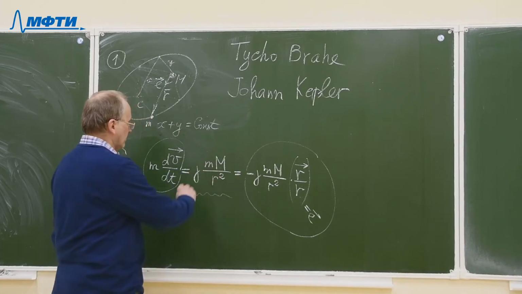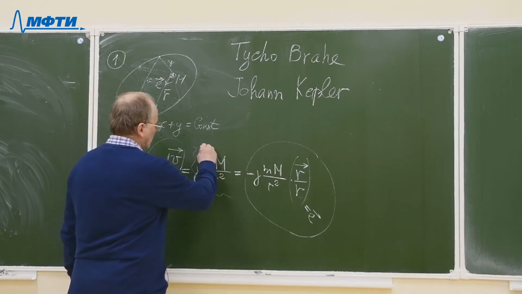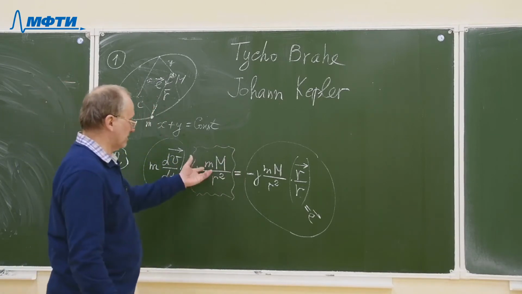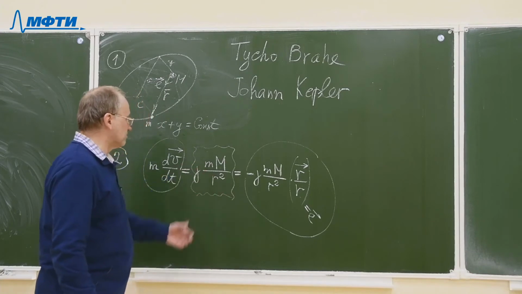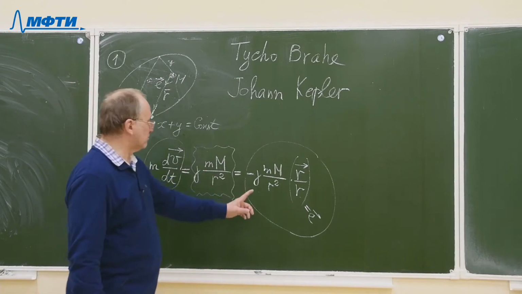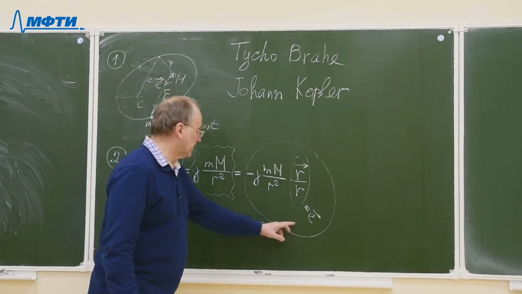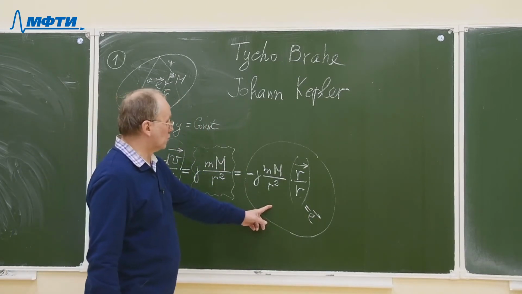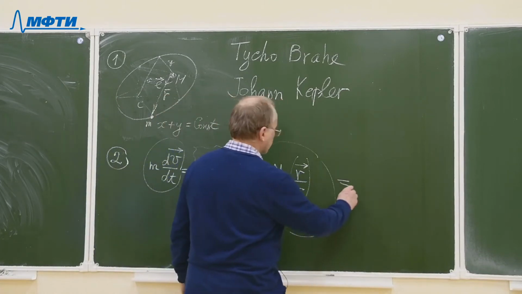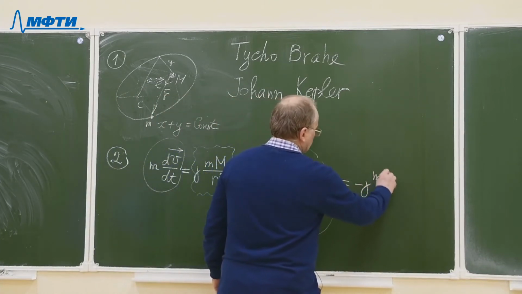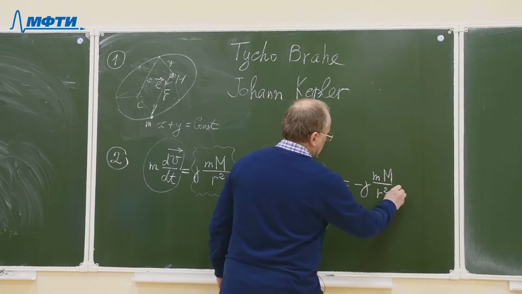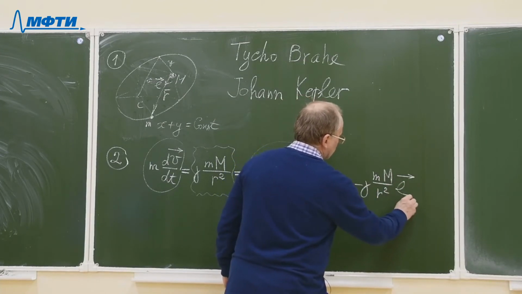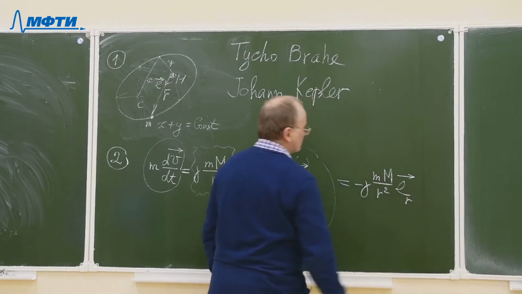This is not an exact equality. This is just a deliberation about what the force should be. Actually, the force is a vector. So we should take the first term in this equality and the last term. And this can certainly be written as minus gamma small m capital M divided by R squared and unit vector E, which is directed along the radius.